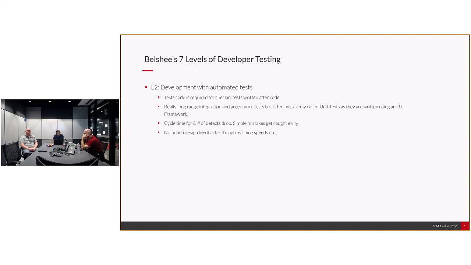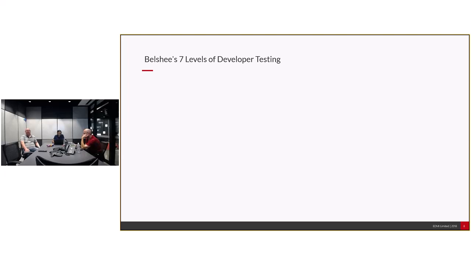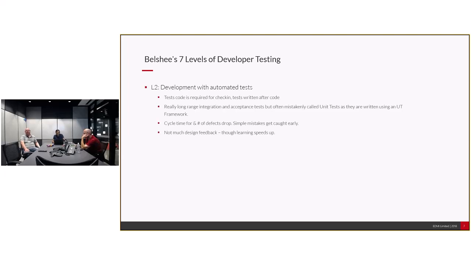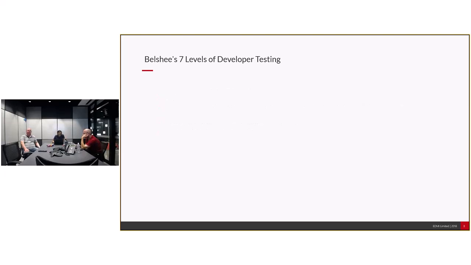But again, not much design feedback, because to have fast learning you need fast feedback, and the fast feedback is still not there yet. Note that the learning speeds up here simply because the same person is doing both. So he knows exactly what he has done, and therefore next time he doesn't repeat it. Now that's L2.